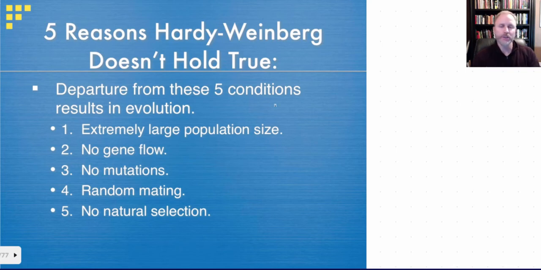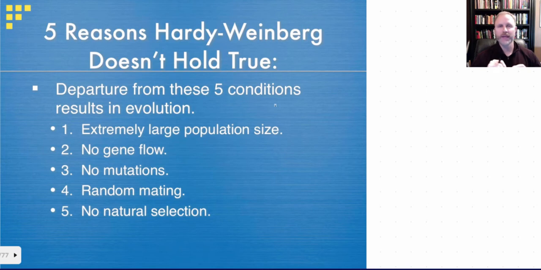And if you get a departure from any of these 5 conditions, that's where you can say that evolution is going to occur. So in other words, you might have a large population, but the genes might be flowing in. Mutations, of course, are happening at random. You've got non-random mating, in other words, the choosiness of one sex for another, like when we talked about the trains on the peacocks, the frigate birds with the large red air sacs below their beaks, and the lion's mane.